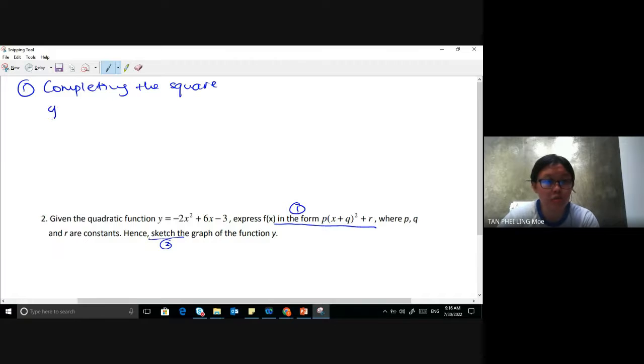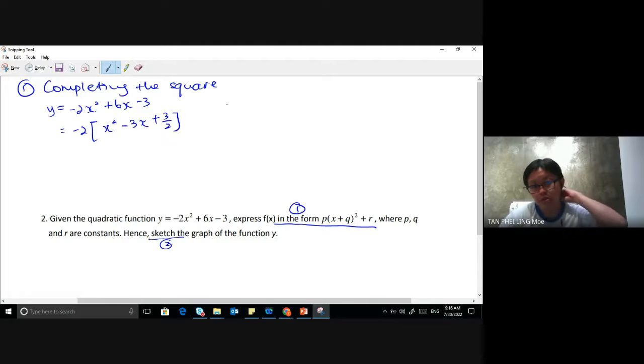Okay, y equals to, everybody, can you just take paper and solve together with me? Otherwise, you will fall asleep when you just keep listening only. Okay, so now let me factorize out the -2 so that everything take out -2 will be +3/2. Is it too fast for you? Or should I explain?